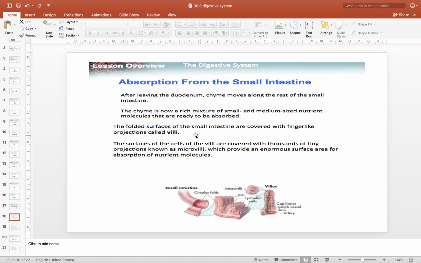Two, it has these villi, little tiny protrusions, as you see, that look finger-like, and this also increases the surface area. So if you pull those little protrusions out, the surface area is even larger. And then on each of these protrusions, there are microvilli, and in these microvilli, this is where the enormous surface area for absorption happens.